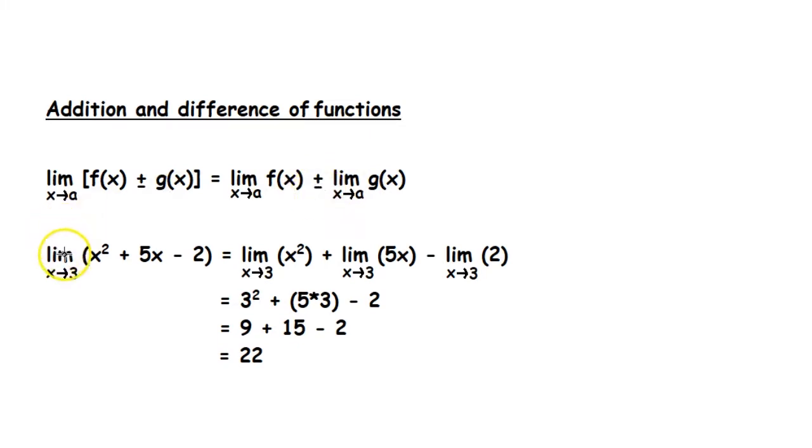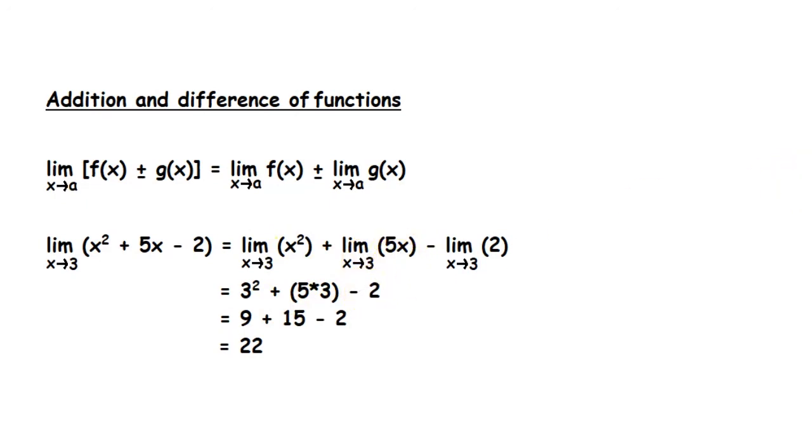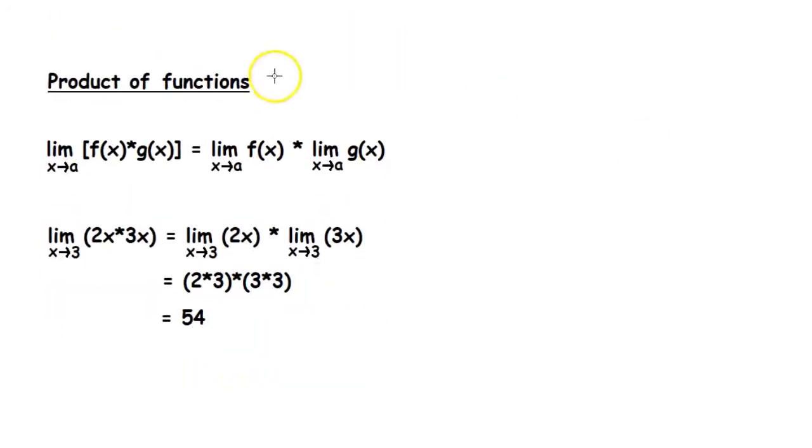For example, if we have to find the limit of x squared plus 5x minus 2 as x tends to 3, we can separate them to get the limit of x squared as x tends to 3 plus the limit of 5x as x tends to 3 minus the limit of 2 as x tends to 3. So using the method of substitution, we get 3 squared plus 5 into 3 minus 2, giving us the final answer 22.